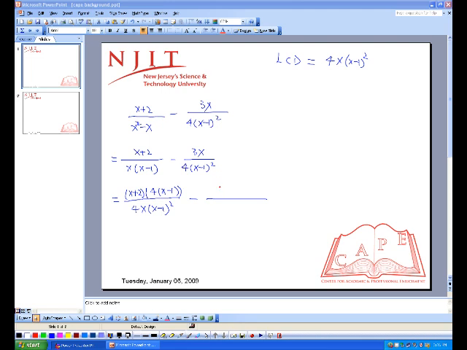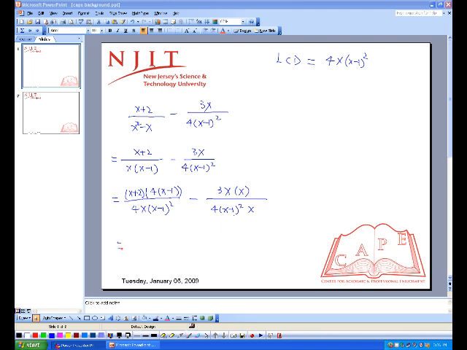So the second fraction is 3x divided by 4x minus 1 squared. In order to get from this to the least common denominator, all we have to do is multiply it by x, so also the numerator by x.